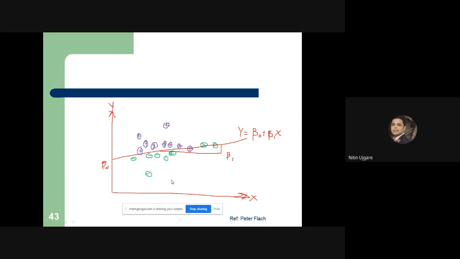Fine. Now, can you tell me whether this red linear regression line is a best fit regression line? Yes.